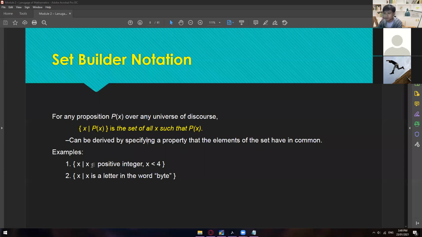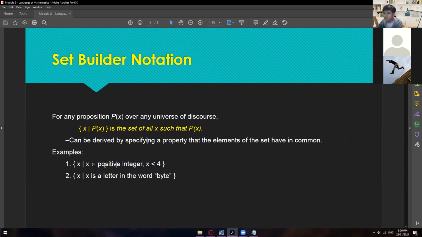For example, x is an element of the positive integers. So this is the proposition, wherein the proposition is positive integer, and there is another condition saying that x should be less than 4. So x should be following this proposition. In here, what are the elements inside of this set?